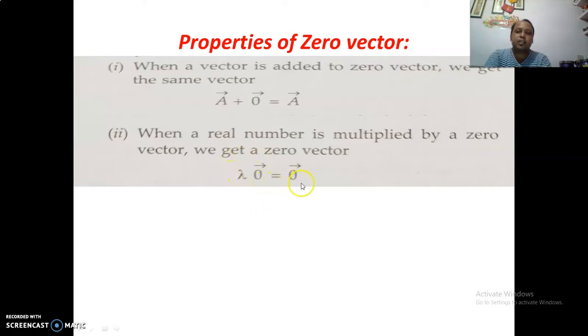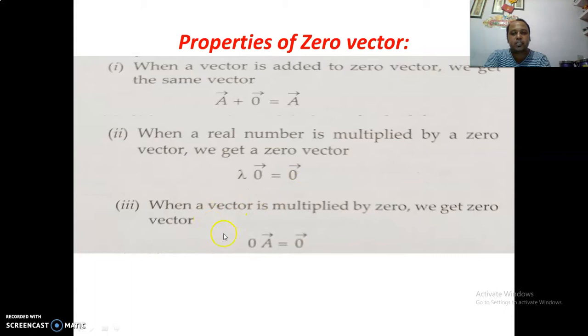The answer will be the zero vector. Then the next property is, if we multiply 0 with a vector, then the magnitude becomes 0 and it has an arbitrary direction, so it is represented by the zero vector. So 0 multiplied by a vector is a zero vector.